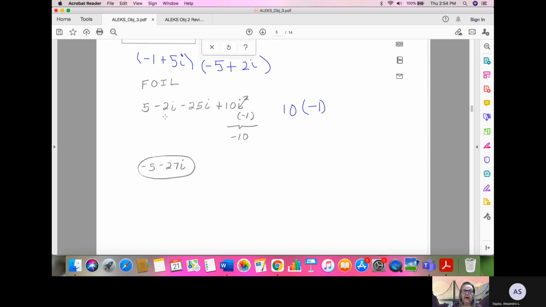Correct. And then these guys are like terms because they both have an i in them. i is not a variable. So in order to have like terms, you have to have the same variables to the same exponents, basically. But we just consider the i's to be like terms here. Does that make sense?